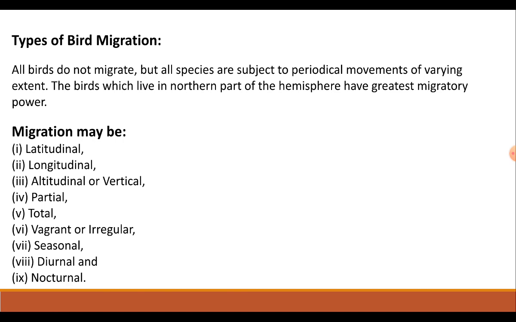One is latitudinal, the second is longitudinal, the third is altitudinal or vertical, the fourth is partial, the fifth is total, the sixth is vagrant or irregular, the seventh is seasonal, the eighth is diurnal, and the ninth is nocturnal. These are the different types of bird migration we come across in the world.